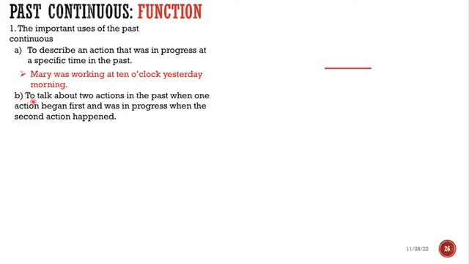Continue with letter B. Letter B talks about actions in the past when one action began first and was in progress when the second action happened.